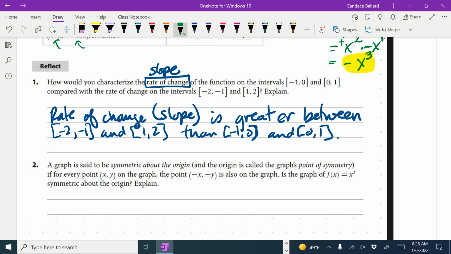Levi, can you read just that first sentence up to that green line there? The graph is said to be symmetric about the origin, and the origin is called the graph's point of symmetry, if for every point x, y on the graph, the point negative x, negative y is also on the graph.